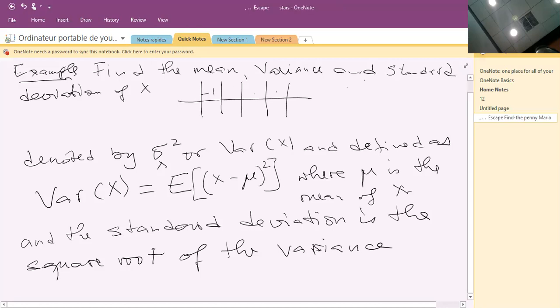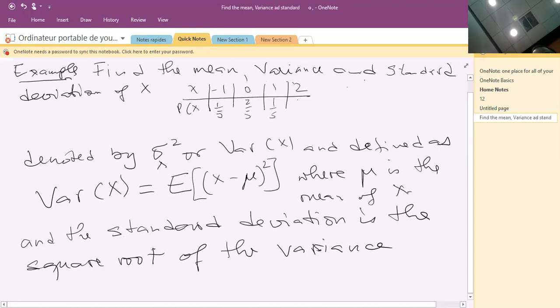The values of x are negative 1, 0, 1, 2, and the probabilities P of x are 1 over 5, 2 over 5, 1 over 5, and 1 over 5. This is a simple finite distribution.